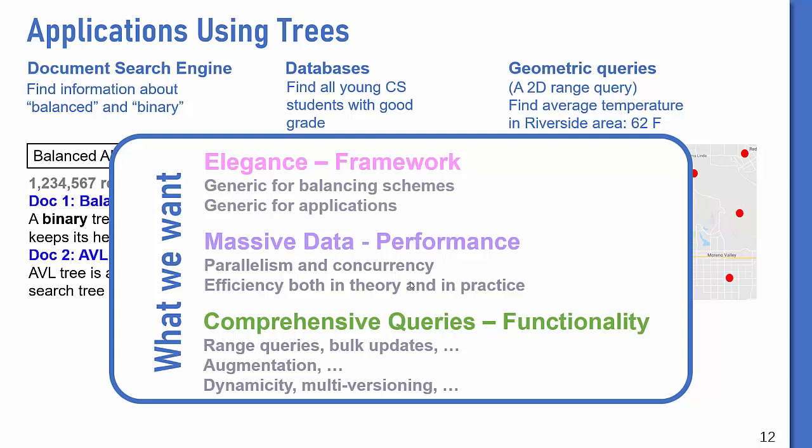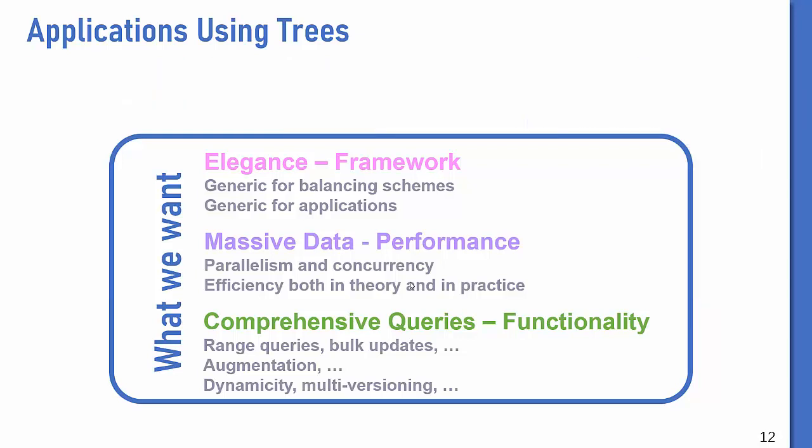We want an elegant solution. Can we use a generic approach to deal with different balancing schemes? And maybe even harder, can we use a generic approach for all the 3 applications and maybe more? All these are our expectation for a good tree structure, but they are not easy to achieve.